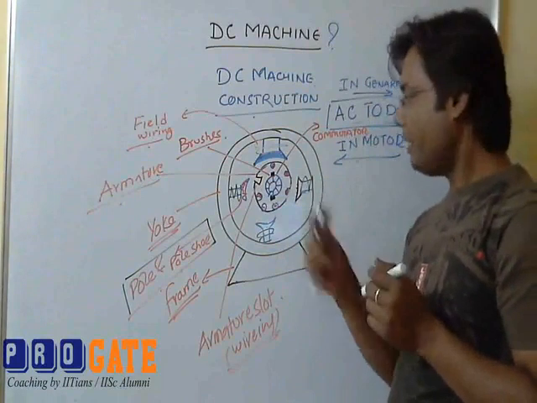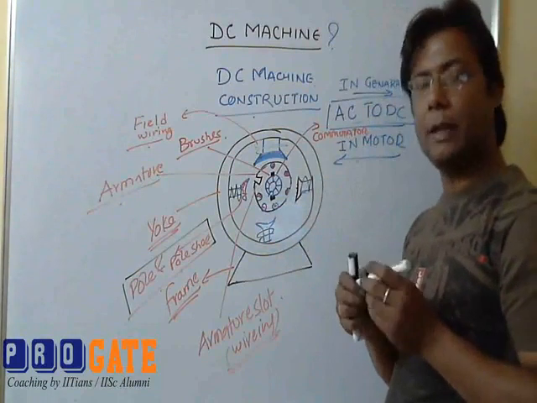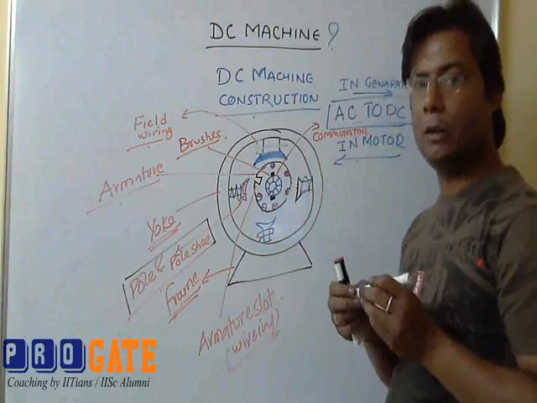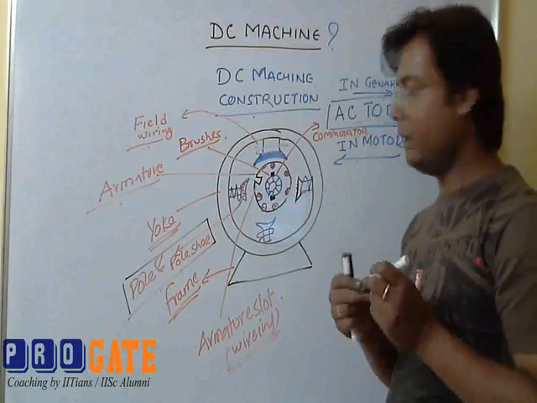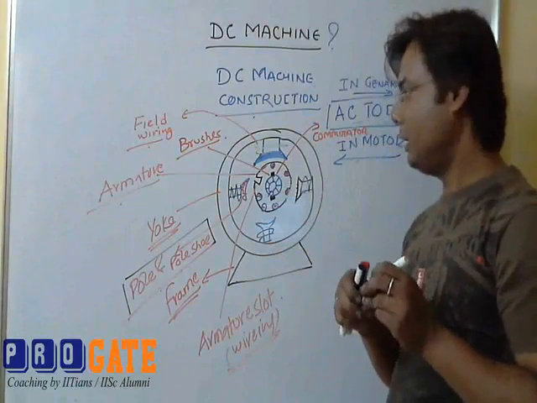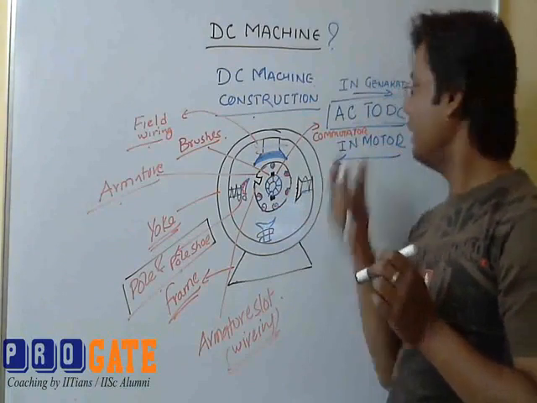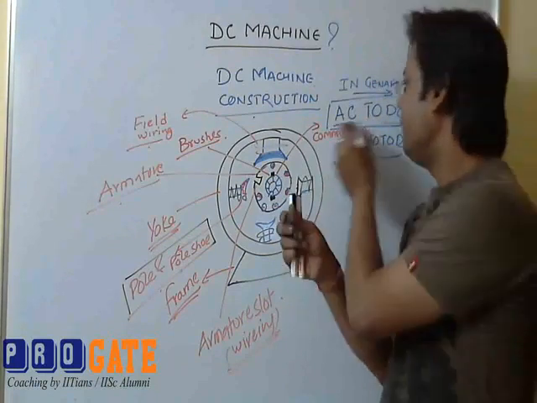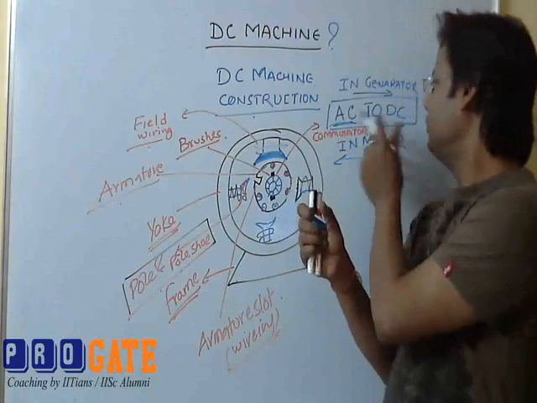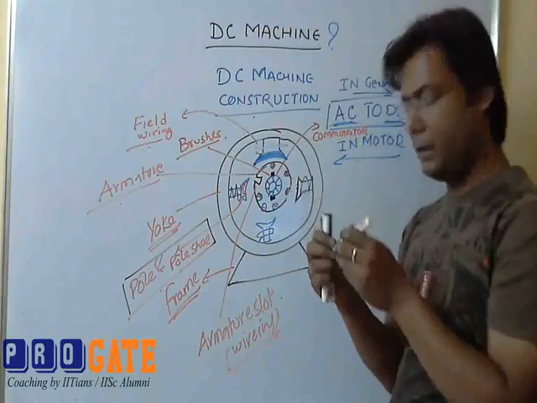This is the purpose of the commutator, to rectify the output or the input.